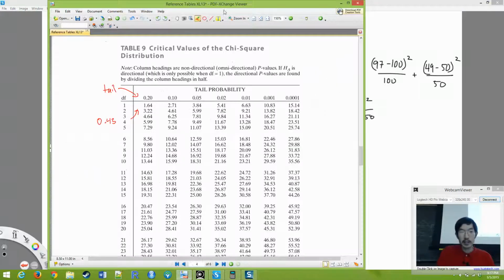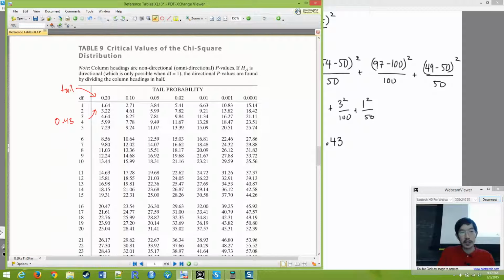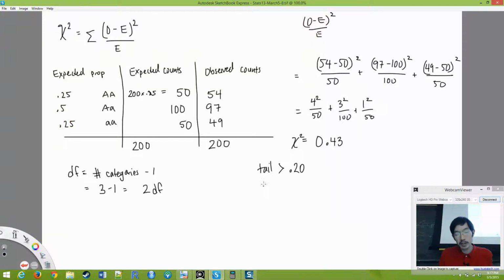And if you read the print at the top of the chi-squared table, it says column headings are for non-directional p-values. Okay, so if the alternative is directional, which is only possible when degrees of freedom is 1, the directional p-values are found by dividing the column headings in half. Okay, so we have a non-directional test, so the tail area is the p-value. So my p-value, whatever it is, is more than 20%.